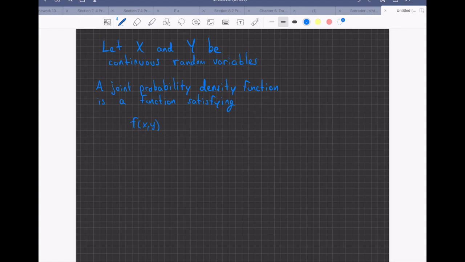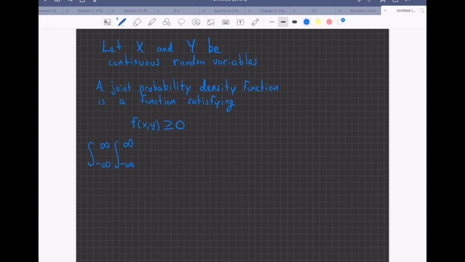f of x, y is greater or equal than 0. The integral from negative infinity up to infinity. Here we're going to be using double integrals. If you haven't taken a course of calculus 3, well, maybe for you this is going to be new, but don't worry. The integrals we're going to be computing here, I think they are not going to be very complicated.